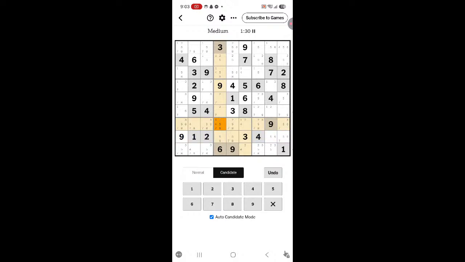Not 7, not 7, 2, column. Equals 8, 5, 7. And equals 7. Okay. 8, 5. 8, 7, 6.